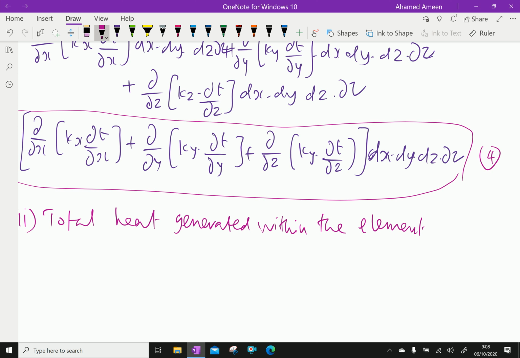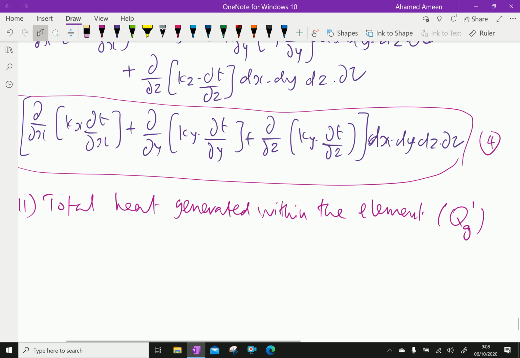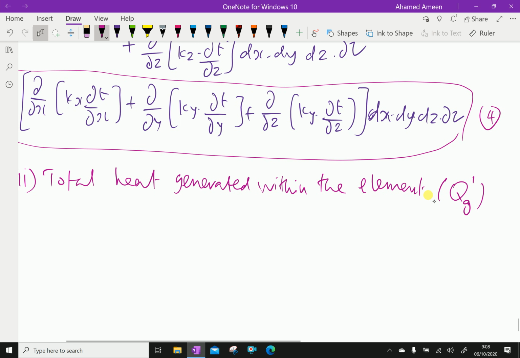We can use Qg dash for total heat generated within the element. So for that the formula is Qg dash equal to Qg, for a small elemental volume, Qg dx dy dz dot tau.